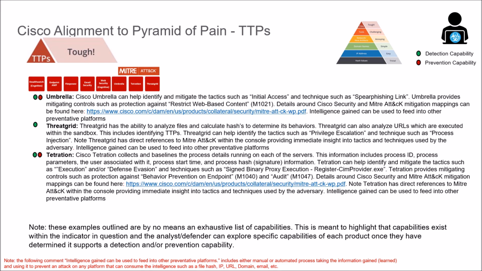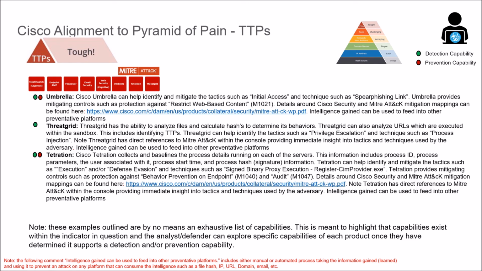Again, I could be here for hours walking through a single product and all its capabilities for a specific indicator. I tried to highlight the most important ones, or the maybe not so obvious ones, but ones that I thought were relevant enough to prove the point that the capability exists, but also provide guidance to you as you're trying to hunt down that adversary.